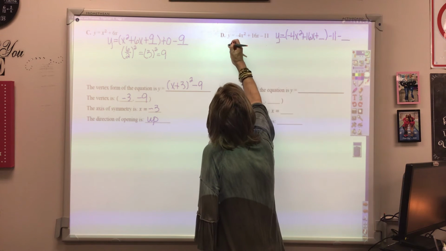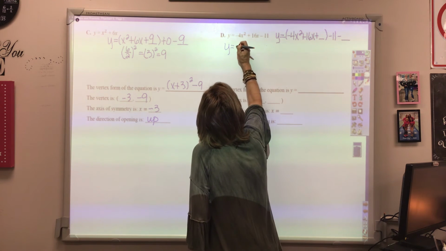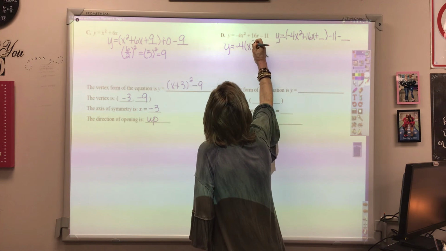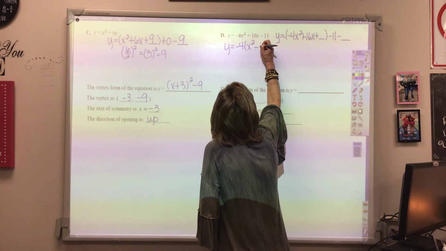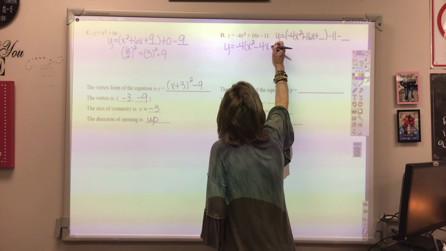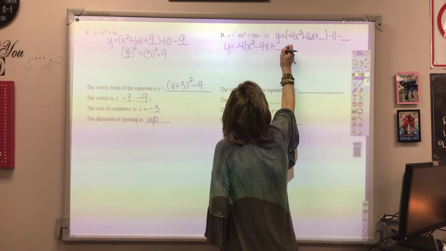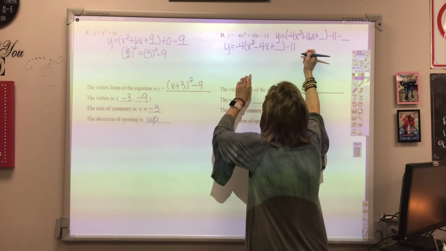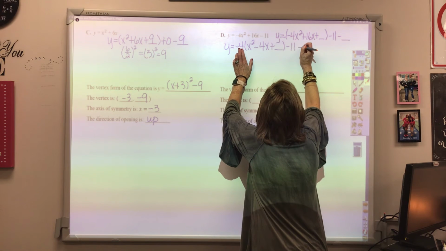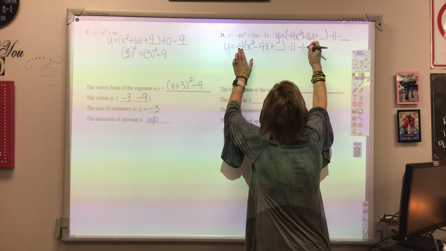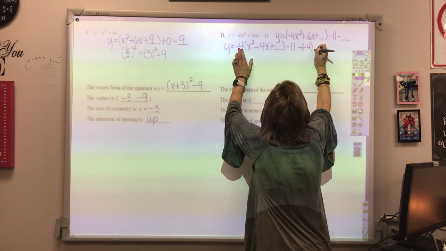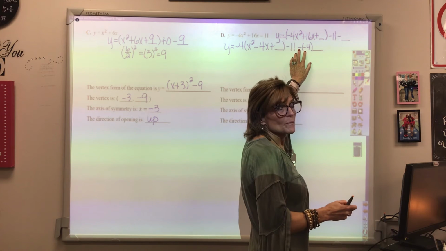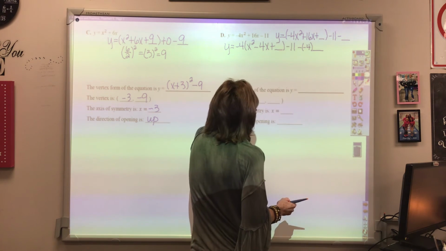So let's do that next. We'll have y equals -4 times x squared minus 4x plus our blank minus 11, and then we're taking minus a -4 times our blank. So this is going to end up being plus 4 right here.